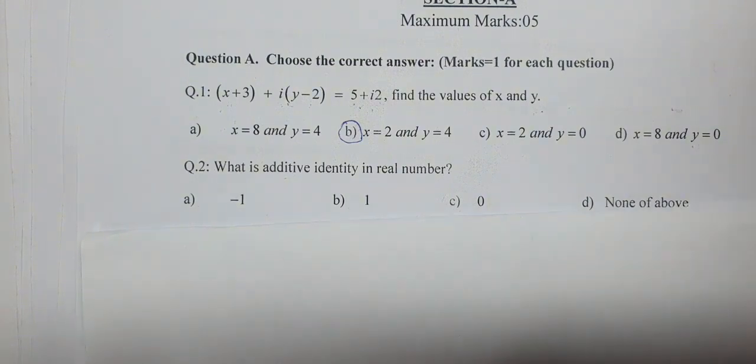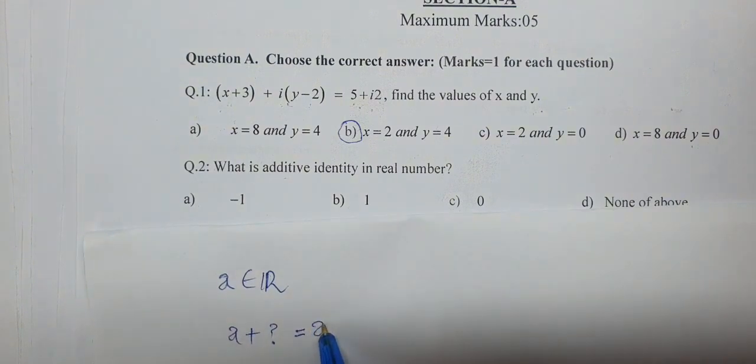For instance, if we take any real number, not a particular number but any arbitrary number, let's say a, we say that a belongs to the real numbers. So what kind of number do we add here to get the result a itself?